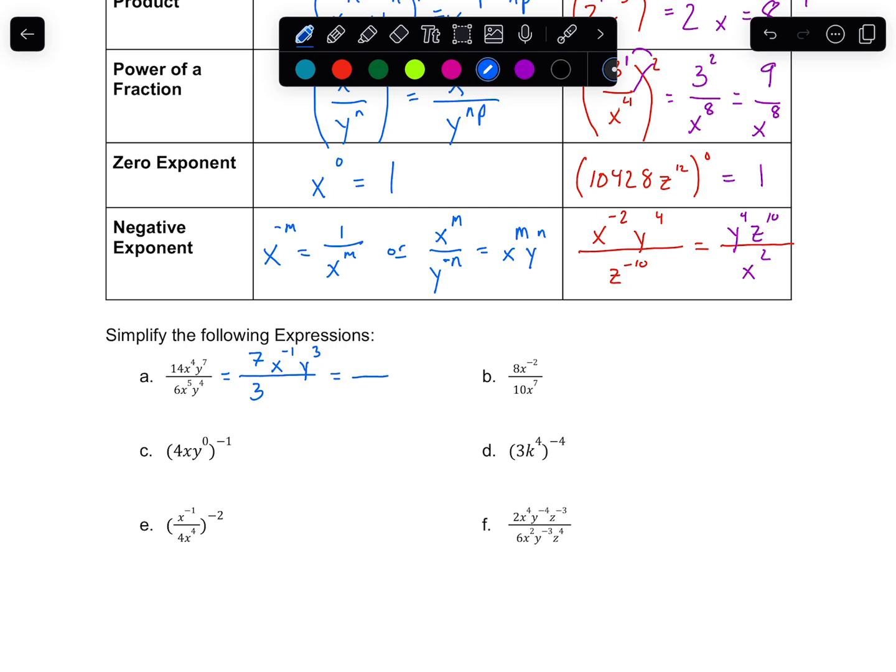Now to clean it up, because we have that negative exponent, I'm going to move just the x to the negative 1 to the denominator. x is the only term that has a negative exponent, so it's the only part that comes down to the denominator to make that exponent positive. So I have 7y to the 3rd over 3x to the 1st, and because anything to the first power is itself, I'm just going to leave it like that.